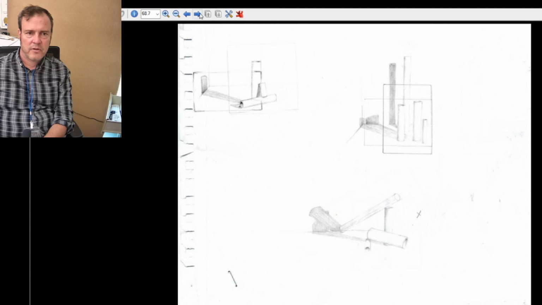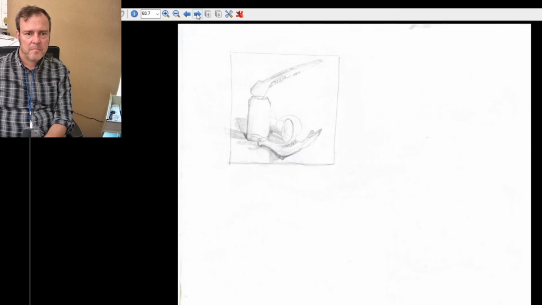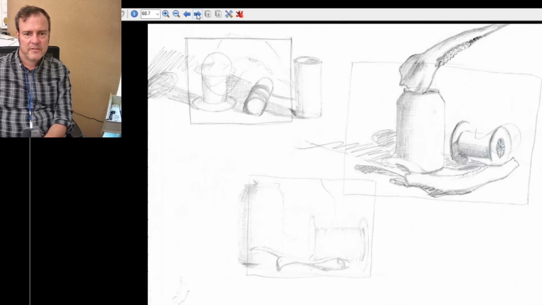And we're going to look at the next one. This is another pair of drawings for the same project. And you can see how freely she's experimenting with different croppings. This is for a different project. A couple pages of thumbnails.